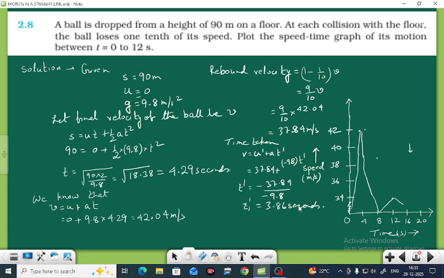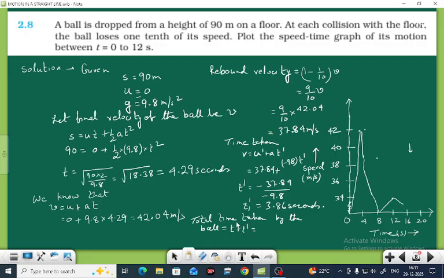Therefore the total time taken by the ball is t plus t dash plus t dash.